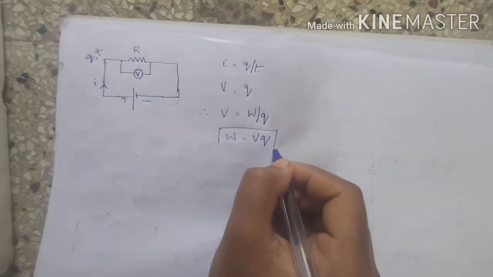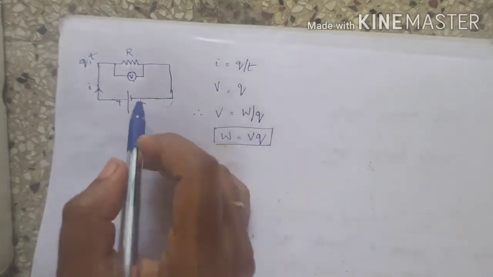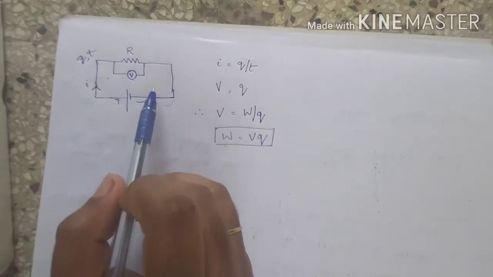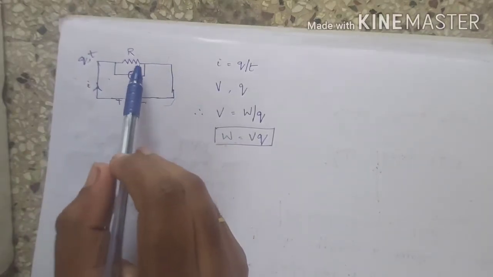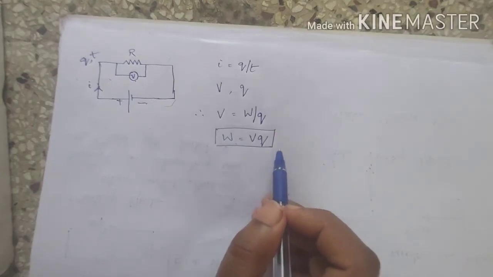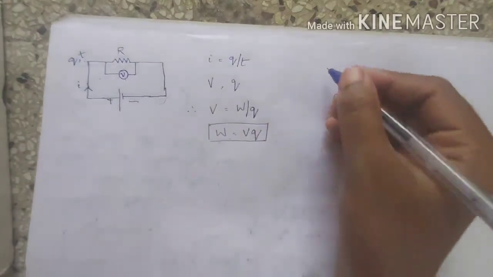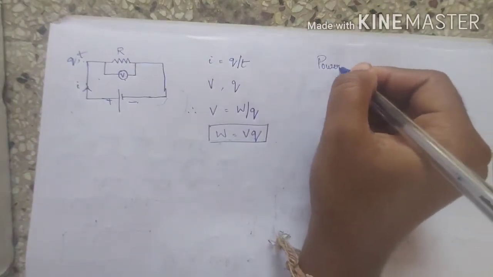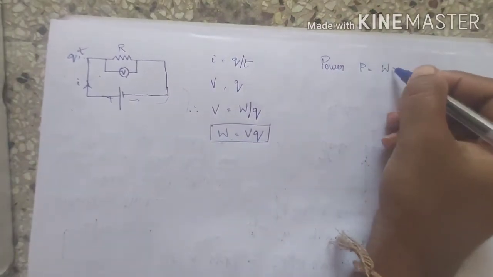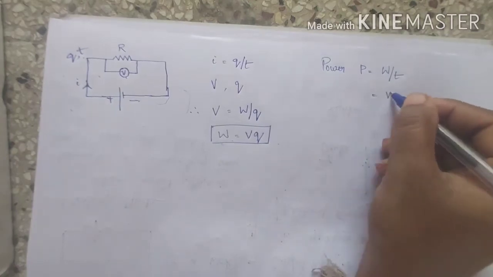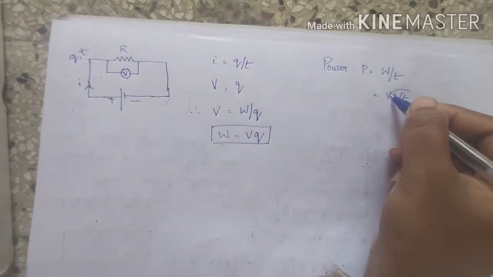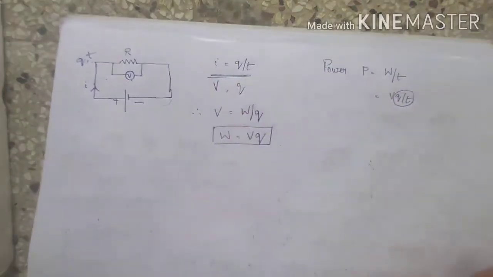Which means in order to carry the charge Q from one terminal to another for a circuit of potential difference V, the work I am doing here is VQ. And this entire thing is happening in a time interval T. So the power formula is power P is equal to W by T, which is VQ by T. What is Q by T? Nothing but your current.